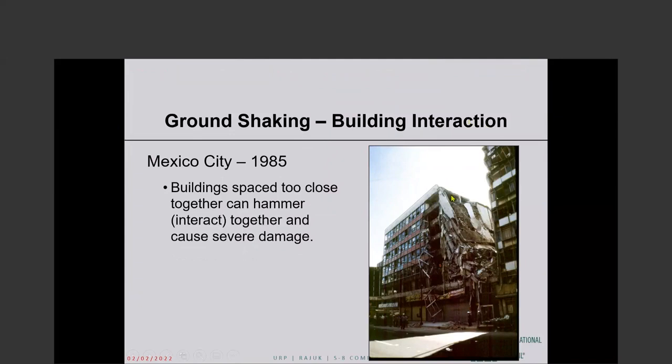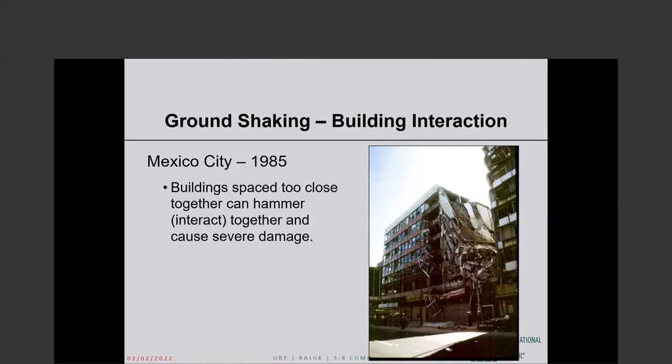Two buildings very close together of different heights, and hammering becomes a problem when the floors of the neighboring buildings are not aligned. When the heavy floor of this building hits against the mid height of the column of the neighboring building, it doesn't take much for the columns to fail and the building or portion of building to come down. And that's precisely what has happened in this case.